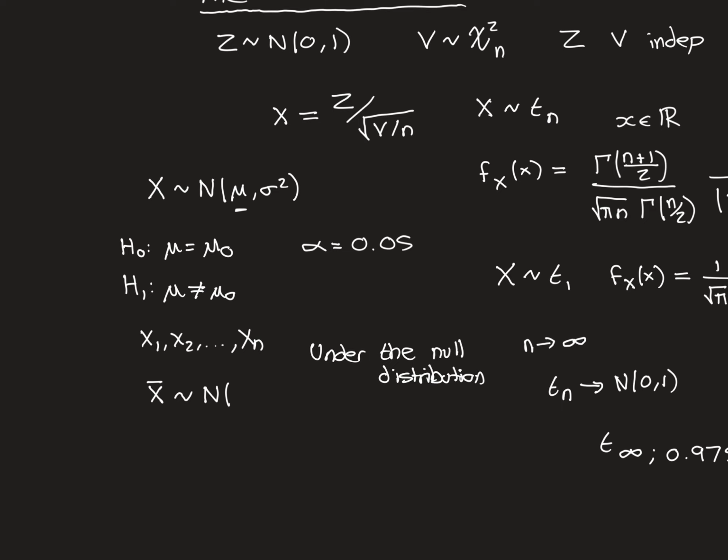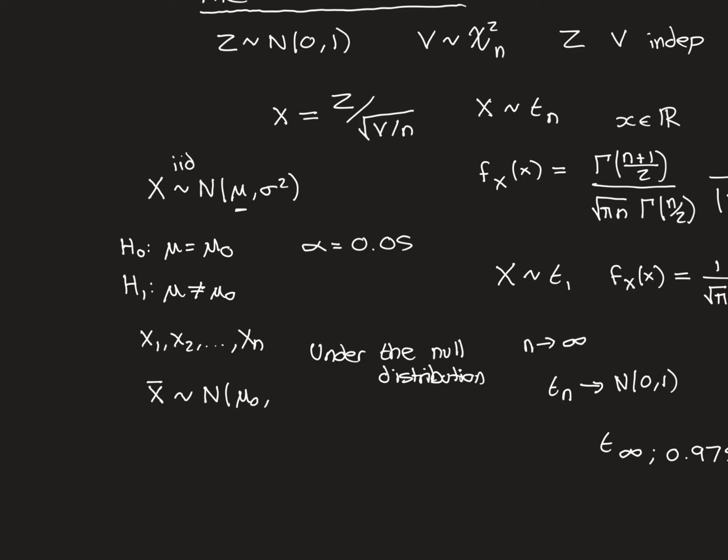Thinking about this, by linearity of expectation, it'll be the expected value of x1 plus the expected value of x2 all the way up to plus the expected value of xn, all divided by n. All of those expectations are mu0. So we'll get n lots of mu0 on the top divided by n, so mu0 will be the expectation here.